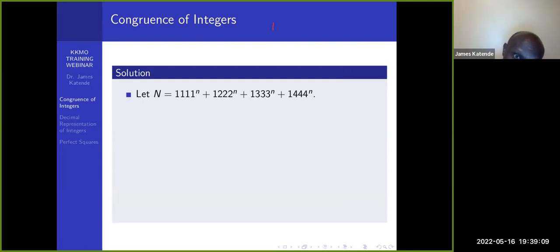So let's see how. We set up this number, the sum of these powers, as n.